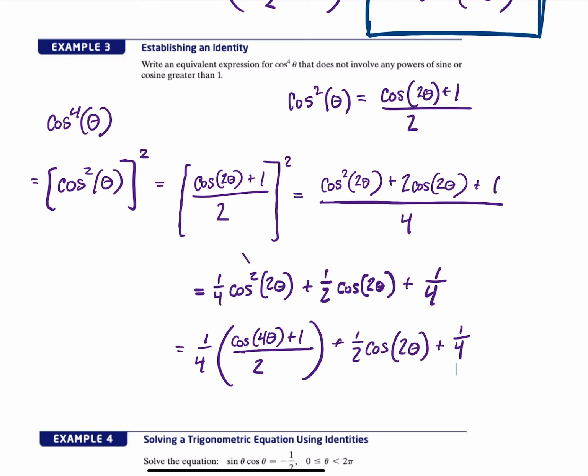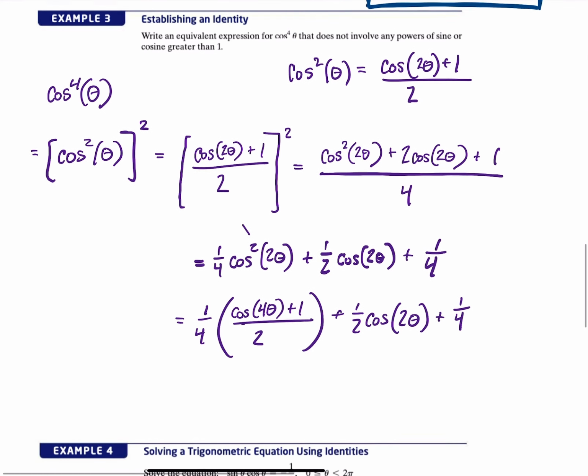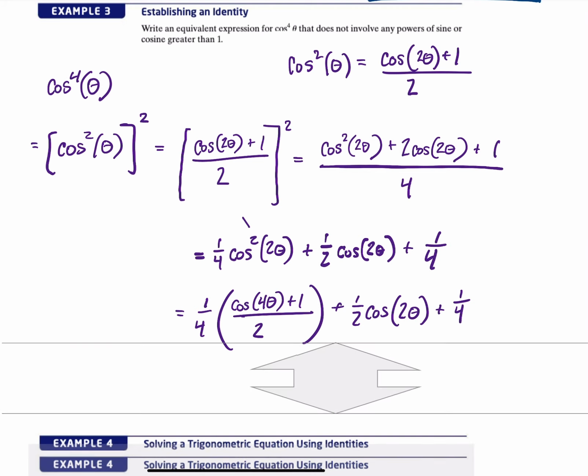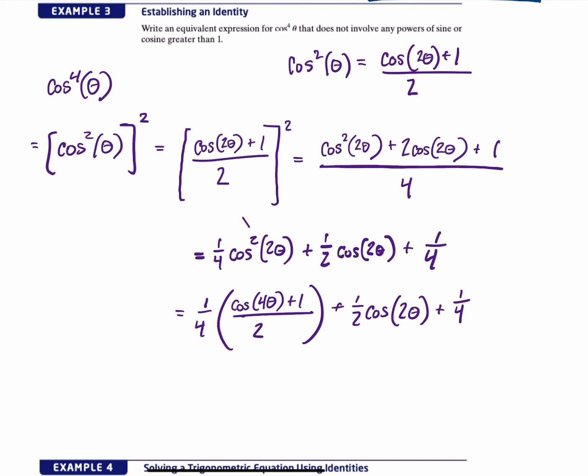Let's make a little more room here. Okay, so how will this simplify further? Well, we can do a similar thing where we split up this fraction into 2 fractions.